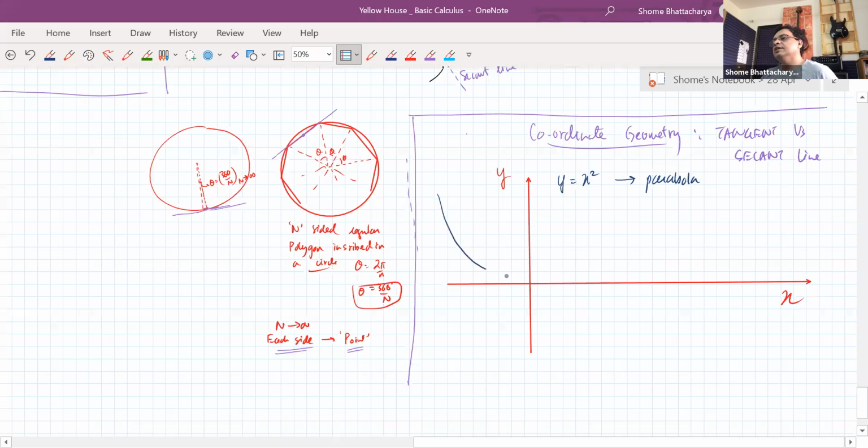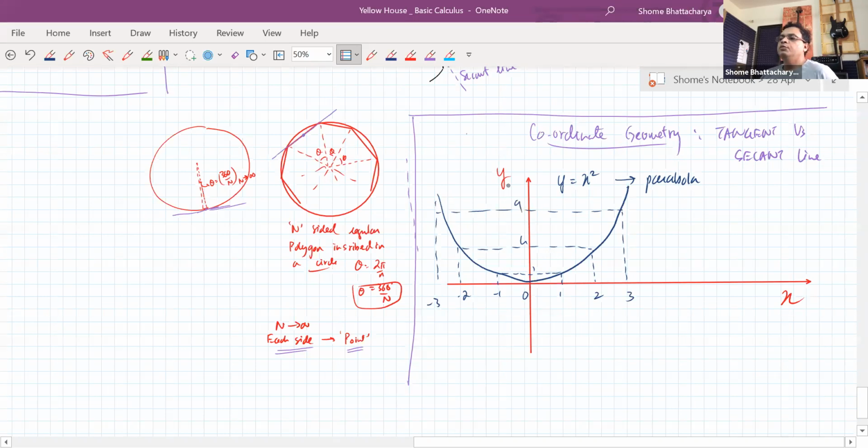That will look something like this. At -1 and 1, its value is 1. At 2 and -2, its value is 4. At 3 and -3, its value should be 9.